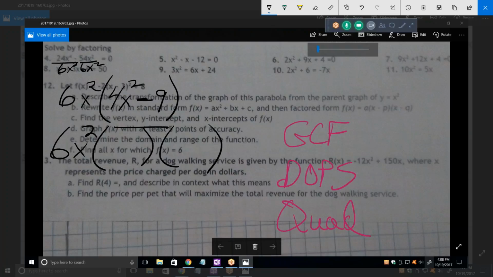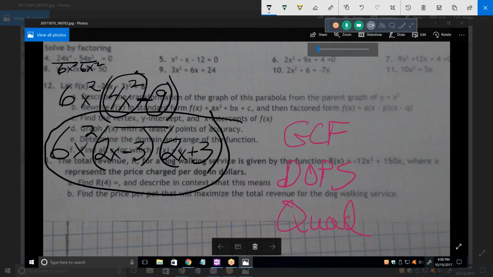So what's it going to be? So 2x. In other words, we're going to take the square root of that, which is 2x. And we're going to subtract the square root of that, which is 3. And then the other term, you don't even have to think about. It's just the conjugate of this. So 2x plus 3. And there the thing is fully factored. So on that one, we had to use both greatest common factor and DOPES.